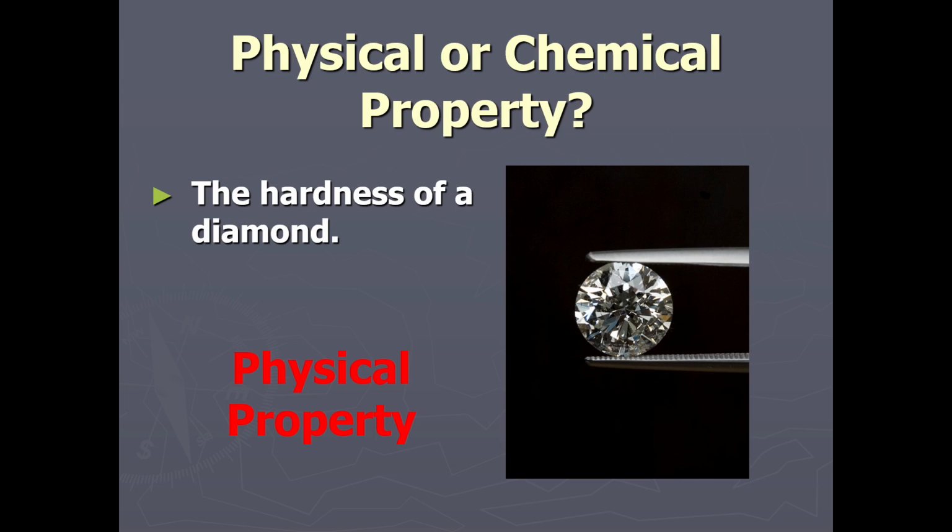But when you scratch something with another object, you're not doing any chemistry with it. A chemical change undergoes a chemical reaction. So if I take a diamond and scratch it on some glass, I'm not chemically changing the glass or the diamond. It's still a diamond. It's still glass. The glass might have a different shape. It might have scratches in it, but I didn't change the chemical makeup of the glass.